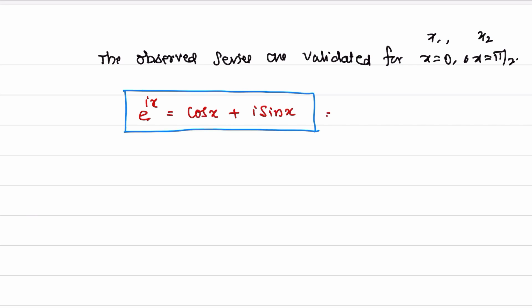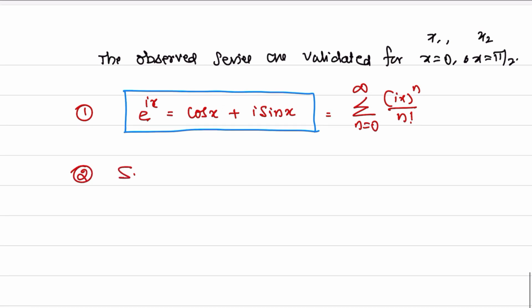This e to the power of ix can be written in the summation form as n is equal to 0 to infinity, ix to the power of n by factorial n. This is our first observation in the first lecture. Second observation is sin x is equal to x minus x cube by factorial 3 plus x to the power of 5 by factorial 5 and so on.